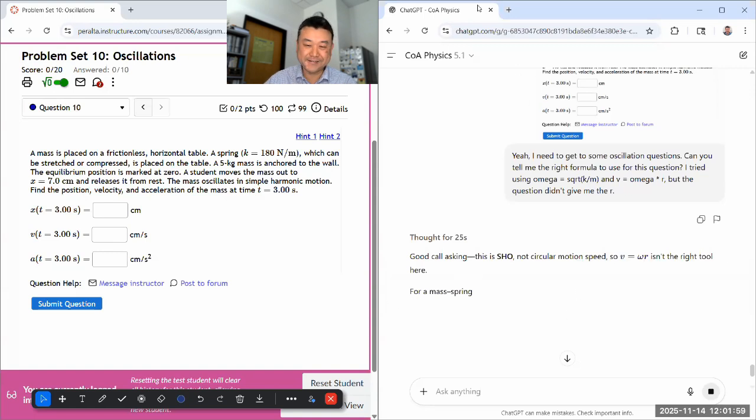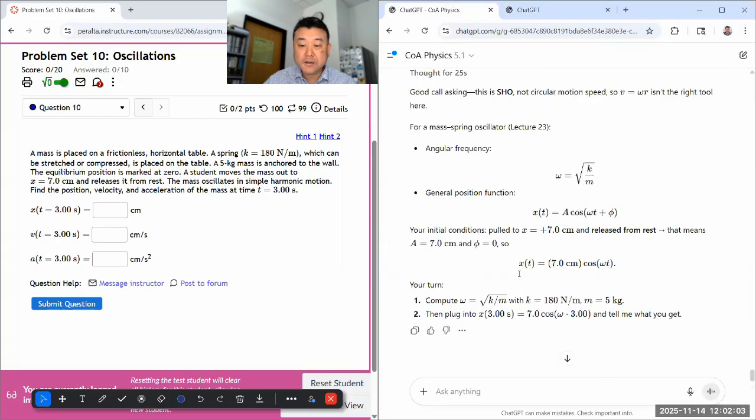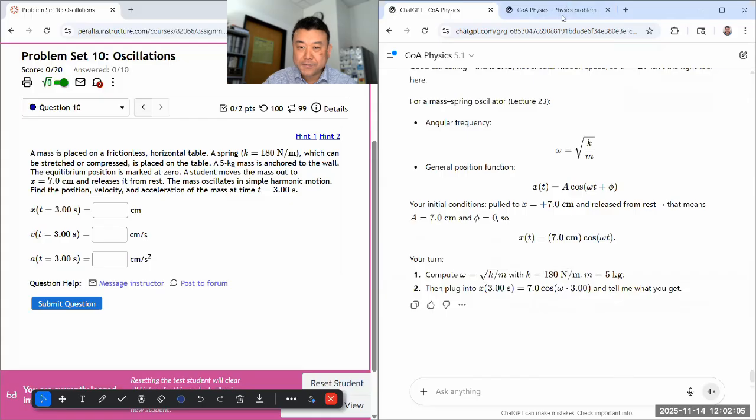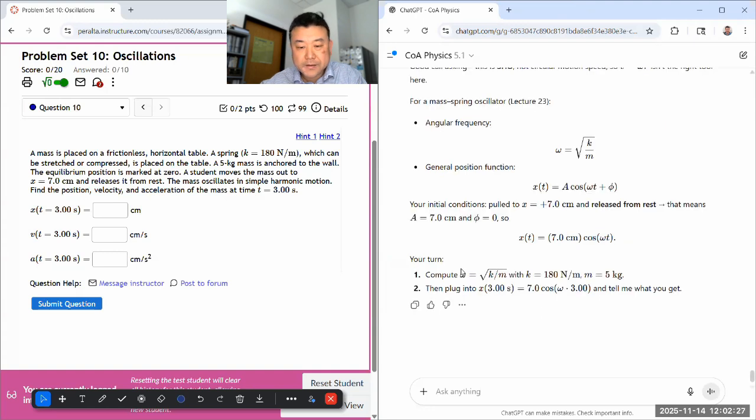Let me see, sometimes this screen freezes. Wait, it came back. Okay, never mind. So angular frequency, yeah, you still use that, and you need the general position function. So from what the question describes, you need to figure out x. So is it giving me too much information?